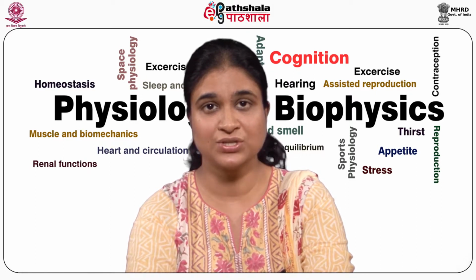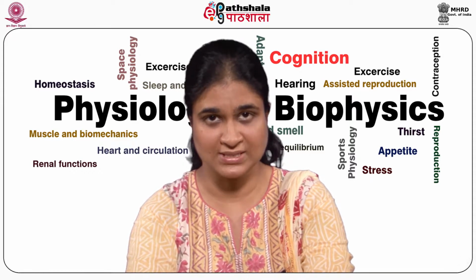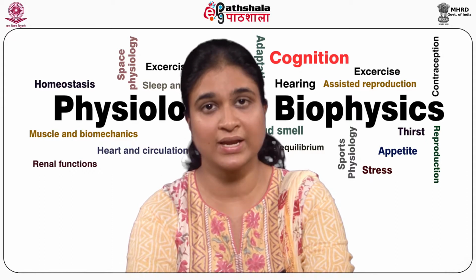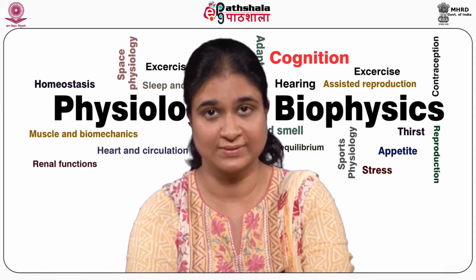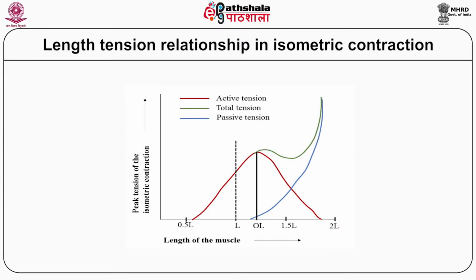The length-tension relationship can be studied by fixing the two ends of the muscle and stretching it in a graded manner to alter the length. In the graph, you can see on the x-axis is the length of the muscle and on the y-axis is the peak tension of the isometric contraction.